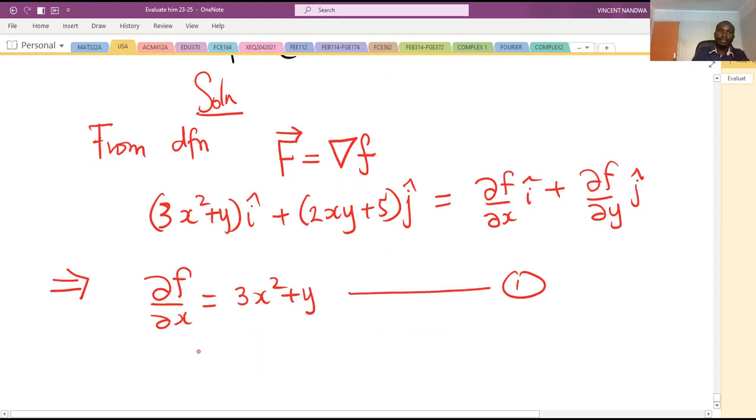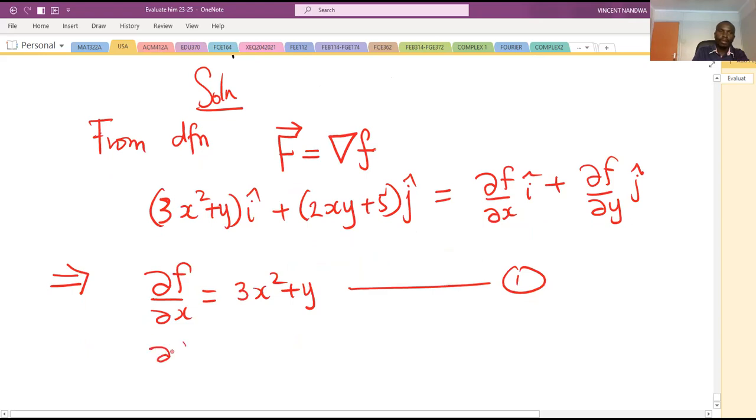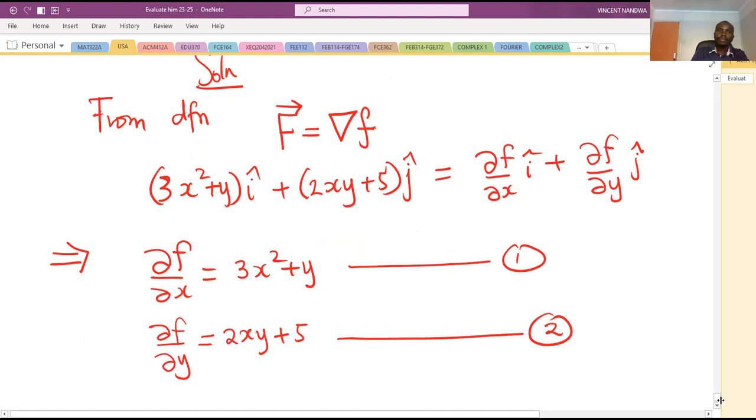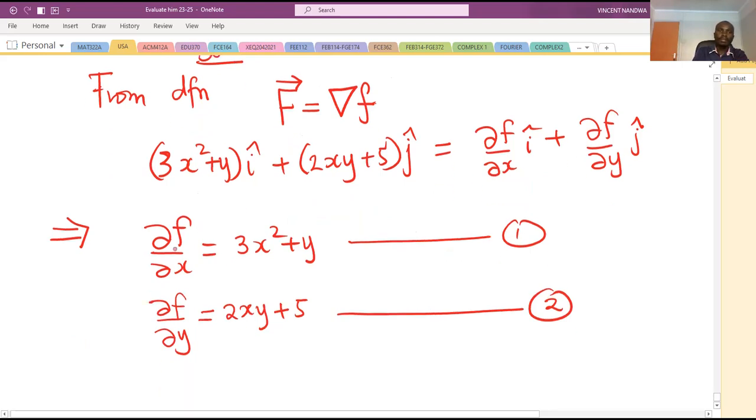And then partial f partial y should be given by 2xy plus 5. So call this one equation 2. So to get the value of f, we start now by integrating equation 1.